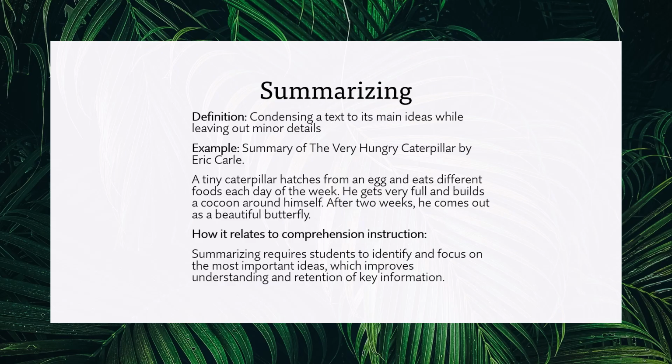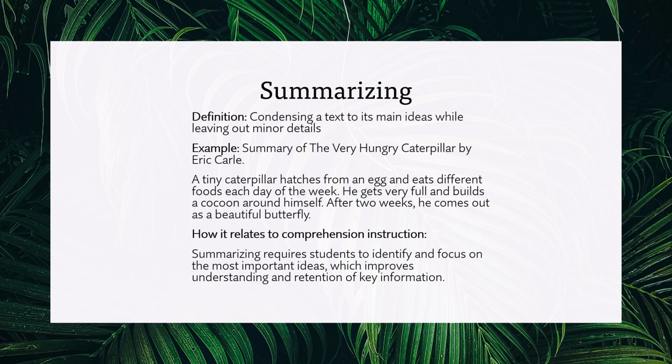Summarizing is condensing a text to its main ideas. So, for example, a very common book, The Very Hungry Caterpillar, a summary would be a caterpillar hatches and eats a lot of food each day of the week until he gets very full and makes a cocoon and then becomes a butterfly.